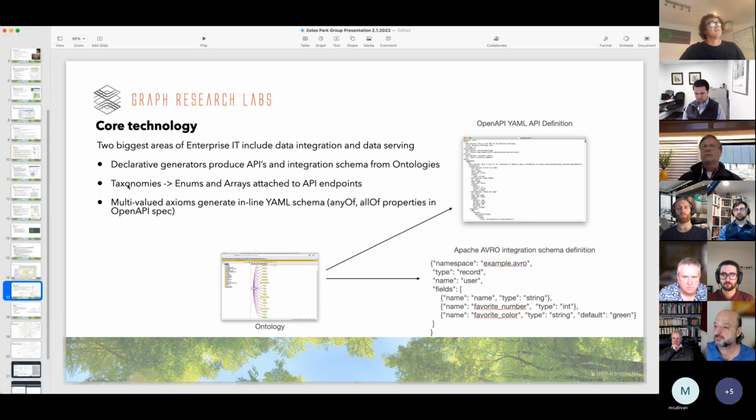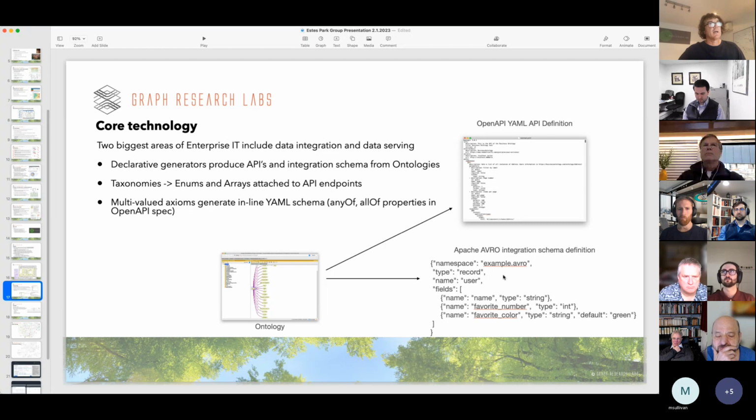And so you need to be able to represent a taxonomy in an API. So we take loose hierarchies and complex cross-linked hierarchies and turn them into enums and arrays, and then they get attached to endpoints. And then, as I mentioned, these multi-valued or multi-homed axioms generating inline YAML. That was actually remarkably difficult to do.